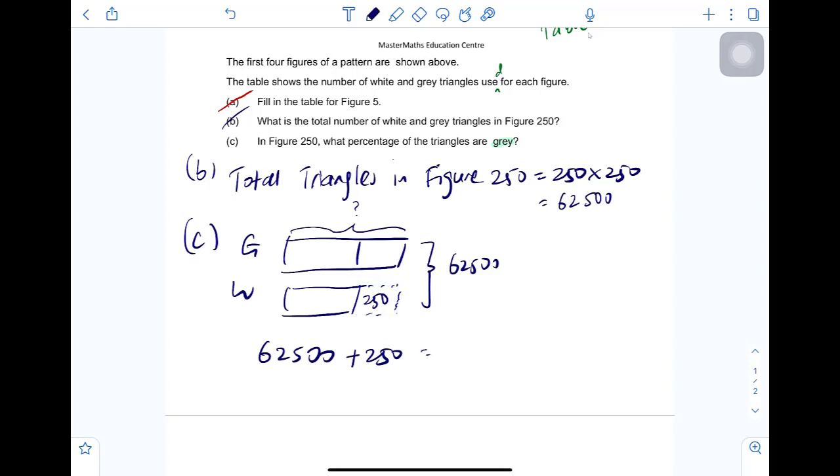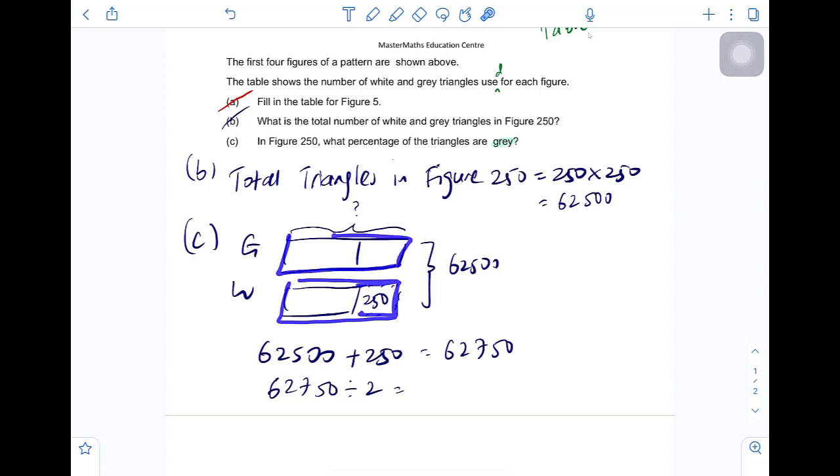62500 plus 250 will be 62750 in total. And then we divide this by 2, right? So again, we have formed a nice box here, which means you have one big unit here, another big unit here, two big units. One of the big units represents the grey triangles. So when we divide this by 2, we get this number, 31375.